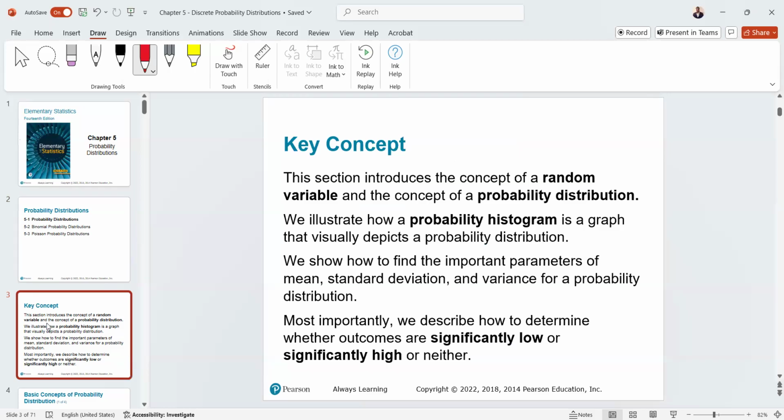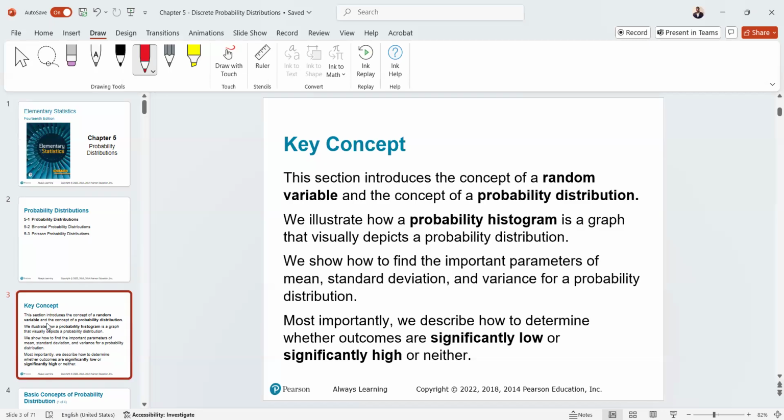As a key concept for this section, we would introduce the concept of a random variable and the concept of probability distribution. We illustrate how a probability histogram is a graph that visually depicts the probability distribution. Like we constructed histograms before for quantitative data, but here we're going to show how to find the important parameters of mean, standard deviation, and variance for a probability distribution.